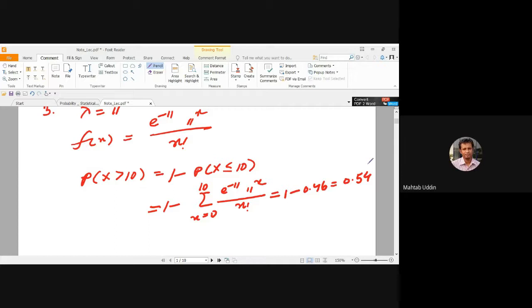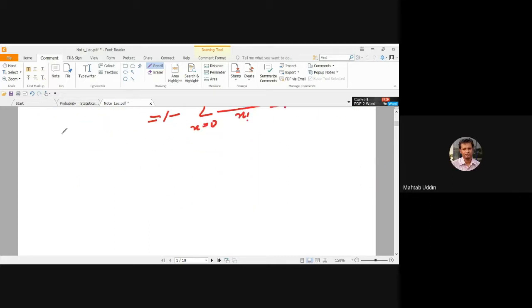Then number 4. They have given a condition: probability of x equal to 1 is equal to P of x equal to 2. Then you have to find the probability P of x equal to 4.